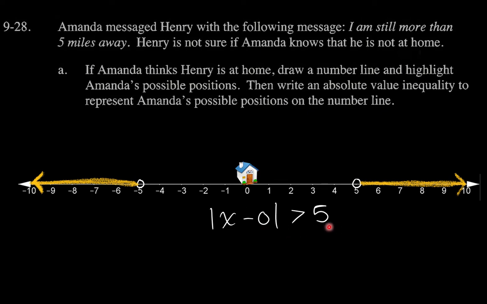Okay. So if I was to simplify that, that would just be written as the absolute value of x is more than 5. Now, I want you to look at the two spots where there are solutions, right?